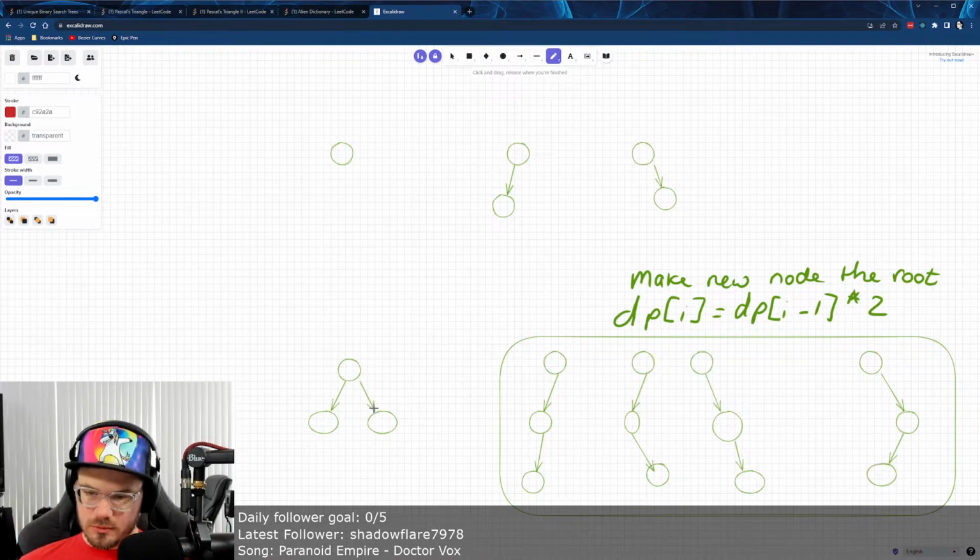So if we're not making the new node the root, not making the new node the root, what are the options for where it could go? It could be a leaf.